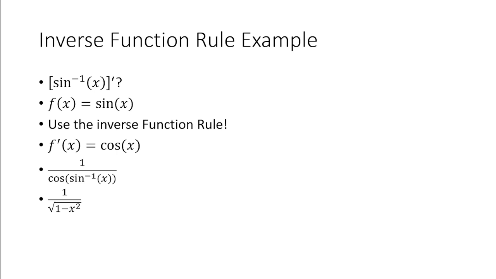Let's take the derivative of the inverse of sine. Well, identify the function, f of x equals sine x, plug it into the inverse function rule. The derivative of f of x is cosine x, and plugging it into the formula, the answer is 1 over cosine of sine negative 1 of x.